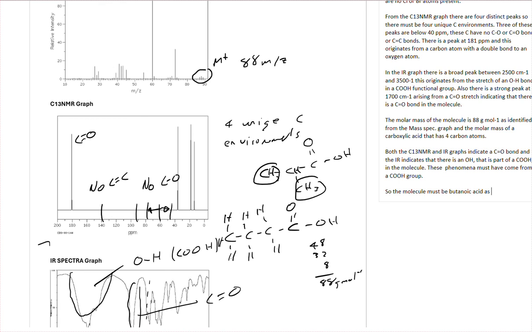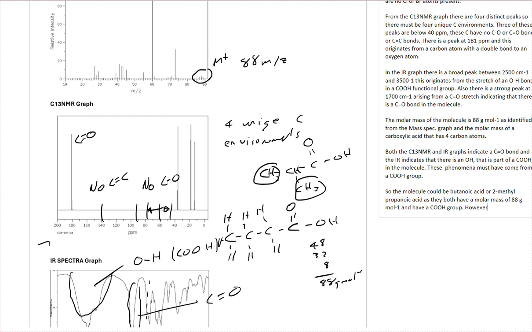So the molecule could be butanoic acid or 2-methylpropanoic acid, as they both have a molar mass of 88 grams per mole and have a COOH group.